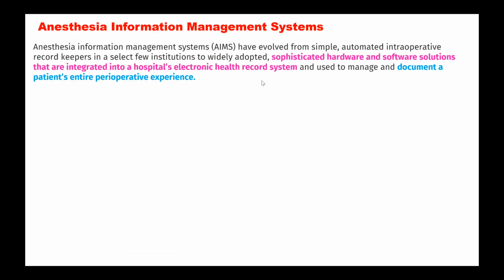That is how the electronic health record system, when it is integrated into the patient's perioperative care, is called the anesthesia information system. So it is an electronic health record of the patient, which documents the patient's entire perioperative experience. That is the definition of anesthesia information management system.